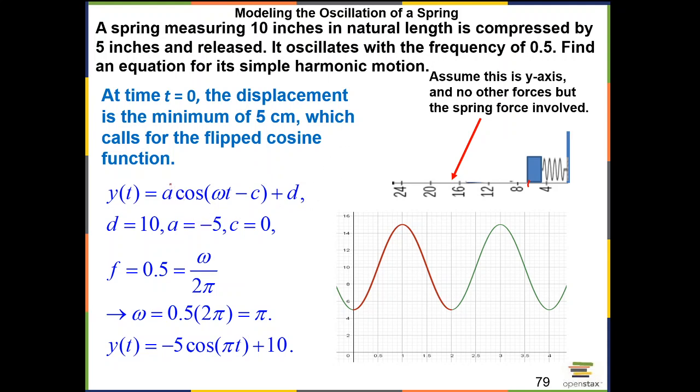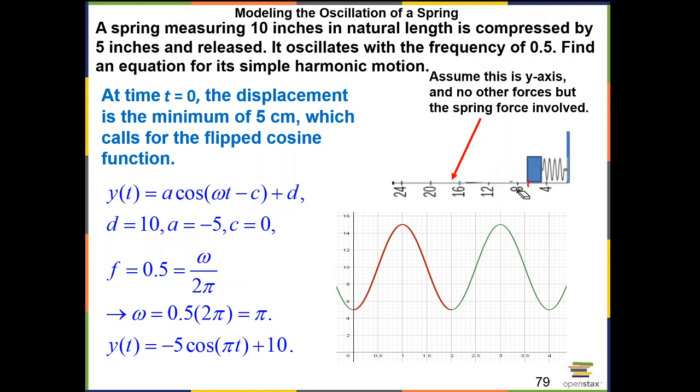So we know this number has to be negative, right? What is that number? Well, first of all, we know D has to be 10 because naturally this thing is at 10, it is right here, right? Naturally, this is the spring. It's supposed to be here. We compress it 5, so the number 5 here is at number 10. So naturally it's at 10.